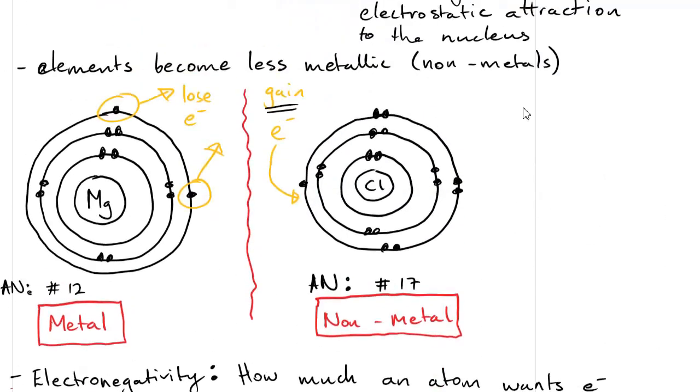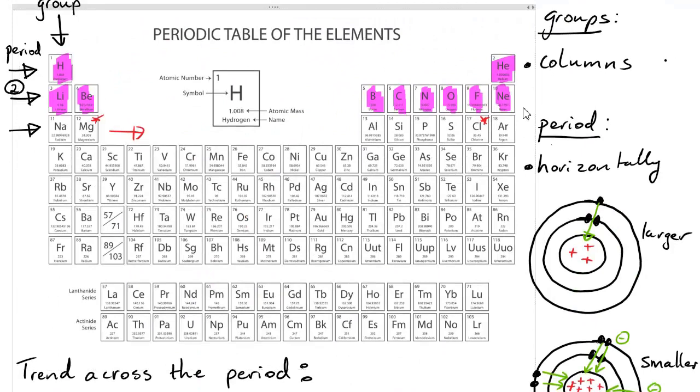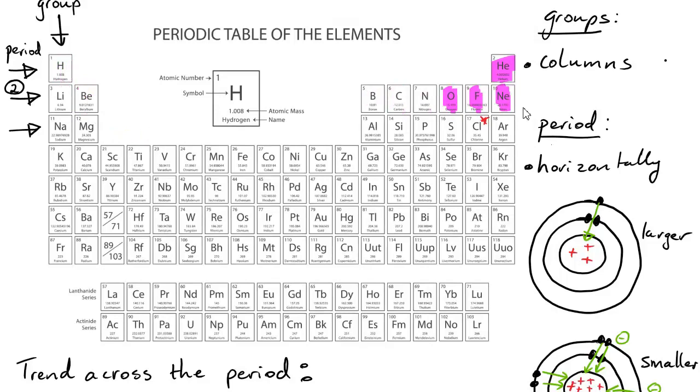Now, let's have a look at the trends as we go down a group. So we had a look at the period and going across. Now we have to have a look at what happens to our trends as we go down a group. So we might compare, say, sodium to potassium.